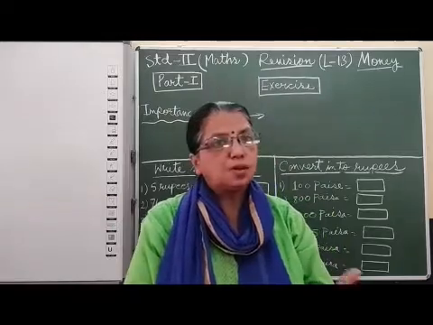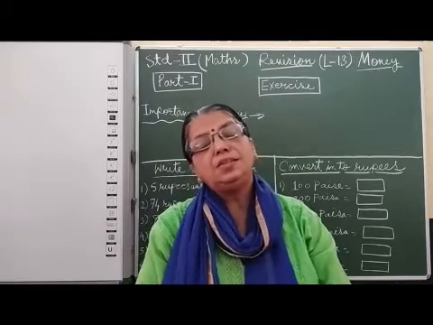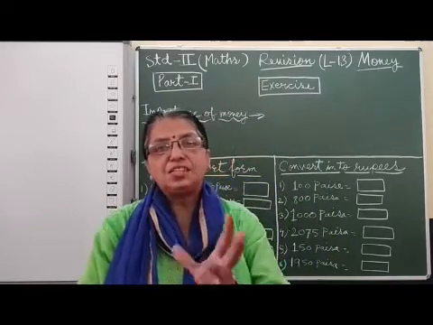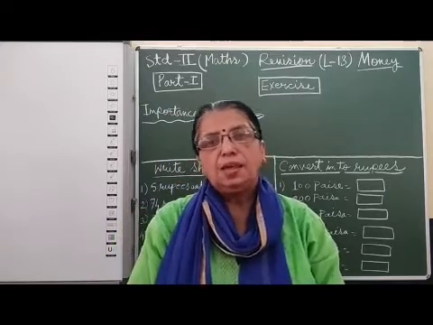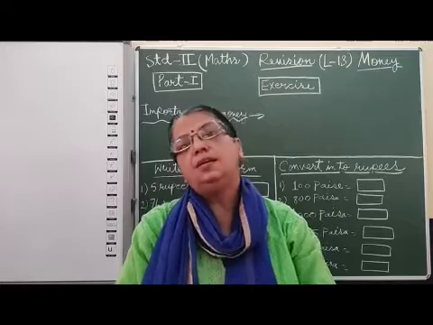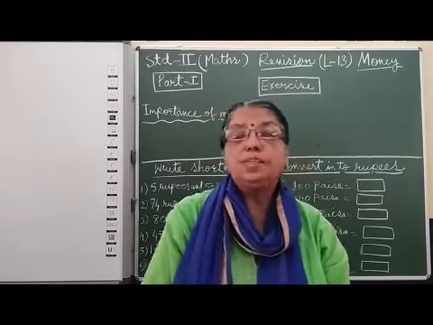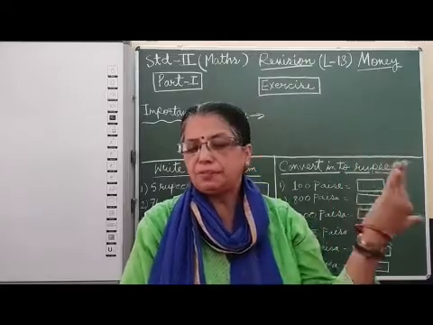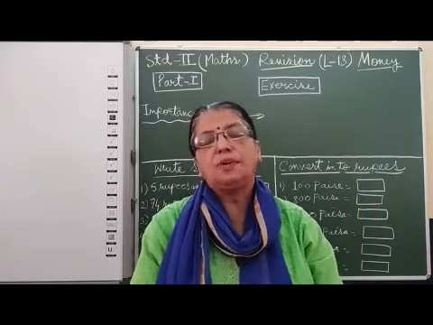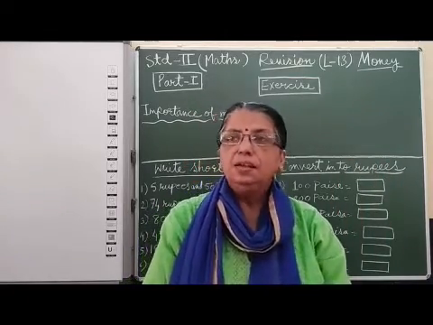So how to count money? Indian money consists of two terms. One is rupee, one is paise. And 100 paise is equal to 1 rupee, that we have learned. Based on that, we will do some activity, some exercise, so that you can revise this chapter once again.